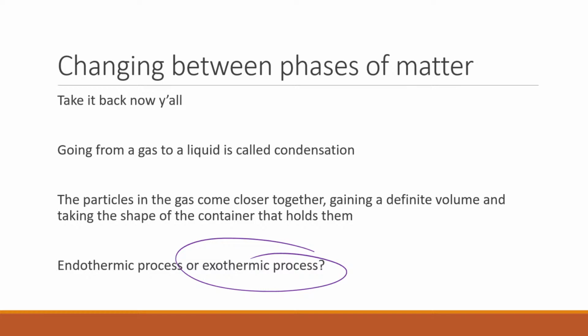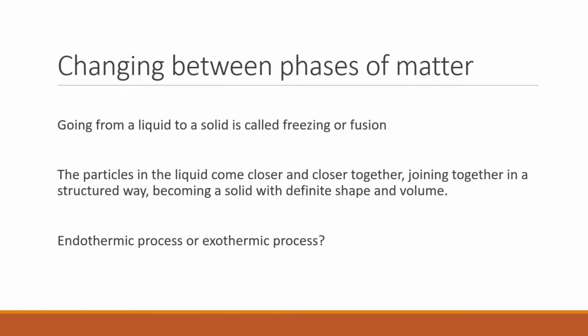Now, going from a liquid back to a solid, right, one of our last options here, is called freezing. That's the no-brainer, but it's also called fusion. Right, fusion is just a fancier word for freezing, going from a liquid to a solid.